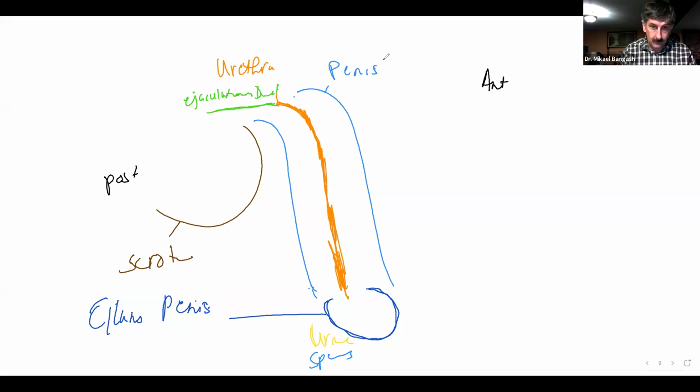Now at birth, the glans penis is going to be covered by a layer of skin called the prepuce.